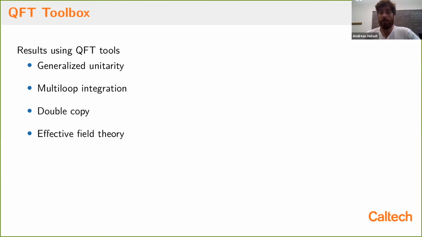And when you have the loop integrand, you need to integrate, which is generally a very hard problem. But many tools to do this integration have been developed, and they can also be applied to our case.